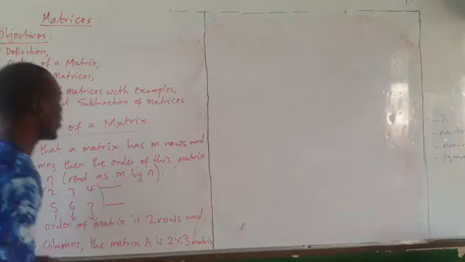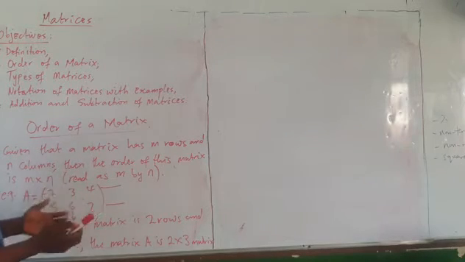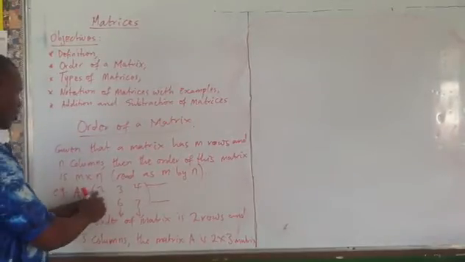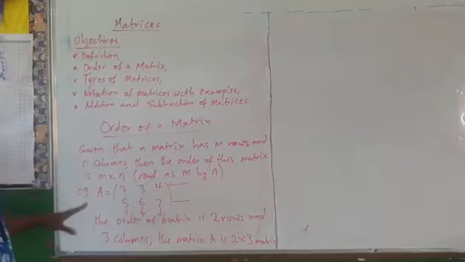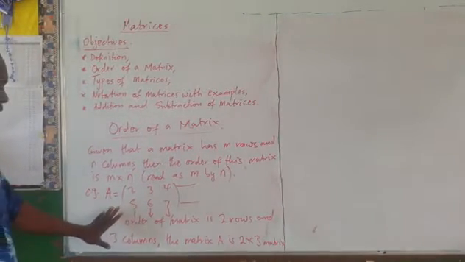The order of the matrix is just the name of the matrix and depends on the number of rows and the number of columns. Since in matrix A we have 2 rows and 3 columns, it is a 2 by 3 matrix.